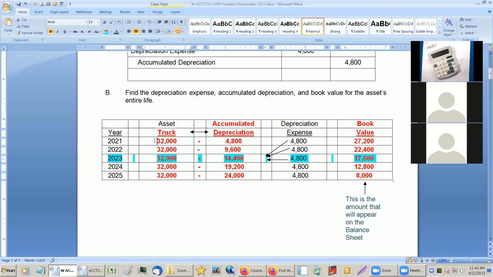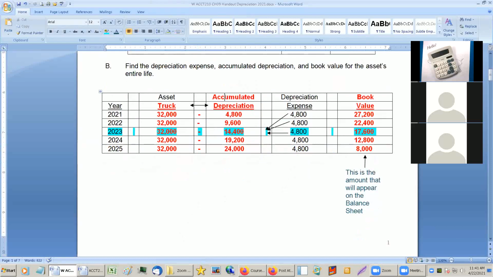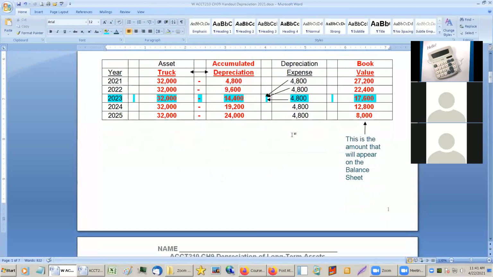Why don't we just have this truck value go down by 4,800 every year and get rid of this? But again, you get a little more information. It tells you how old the thing is and what it cost to begin with. So, question on that?